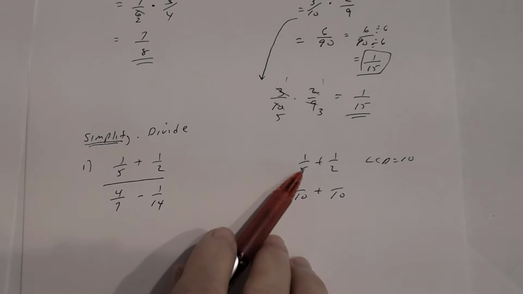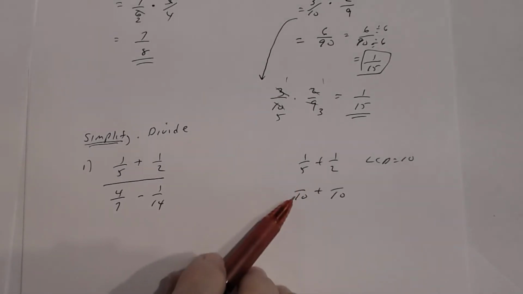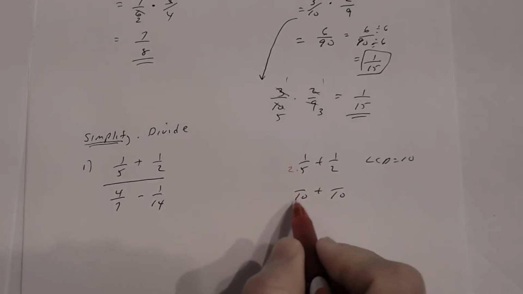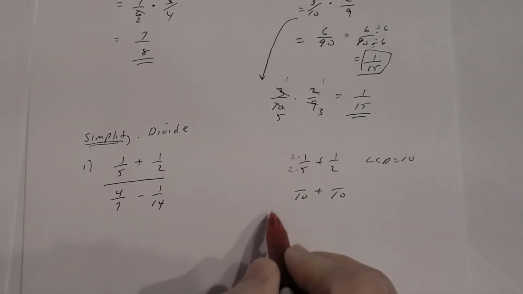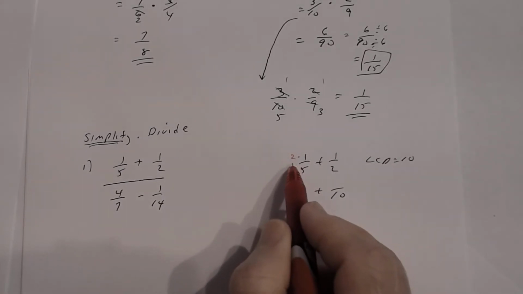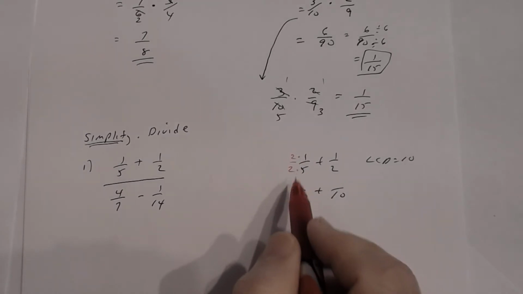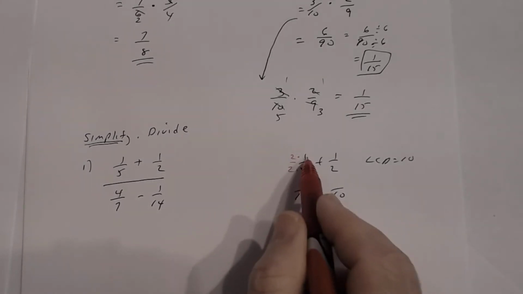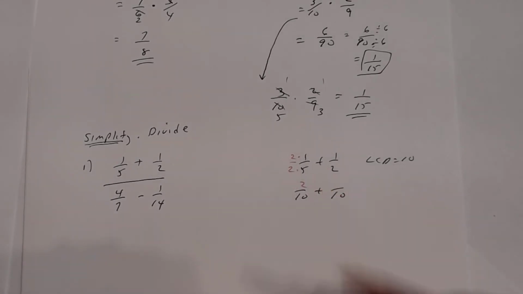So I got to multiply this denominator by some number to get 10, because I want to write equivalent fractions. So 5 times 2 is 10, but remember what you do to the denominator, you do to the numerator, because 2 divided by 2 is 1. And so I get 2 times 1 in the numerator is 2. And you can always check, if I reduce 2/5, I get 1/5 back.